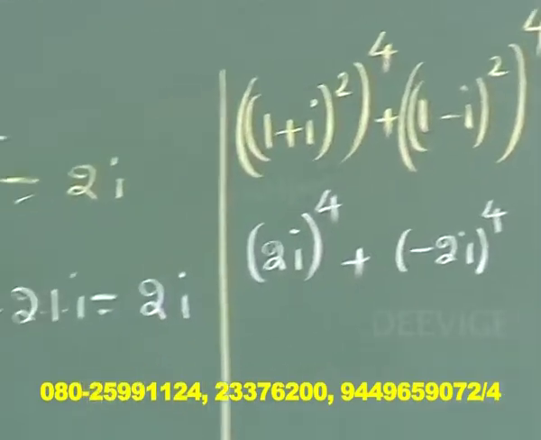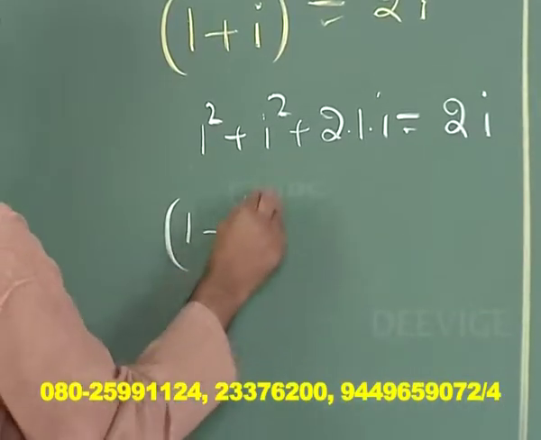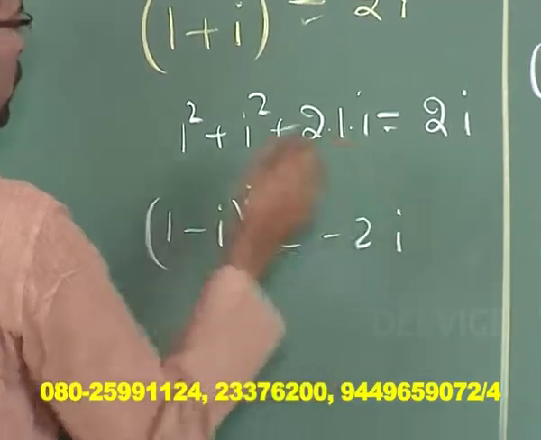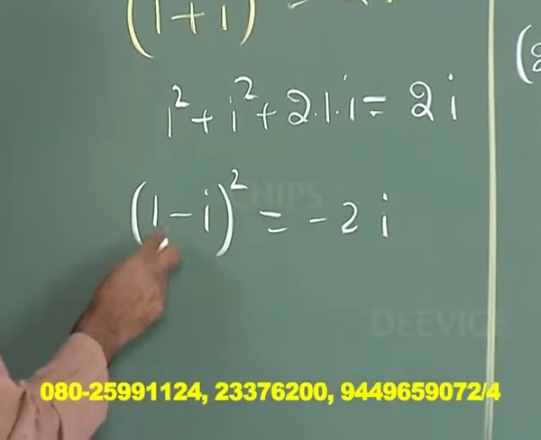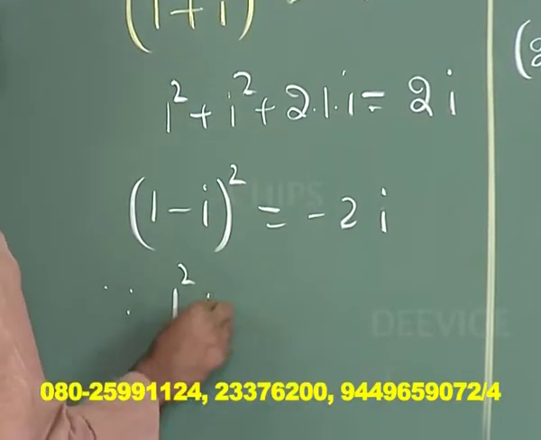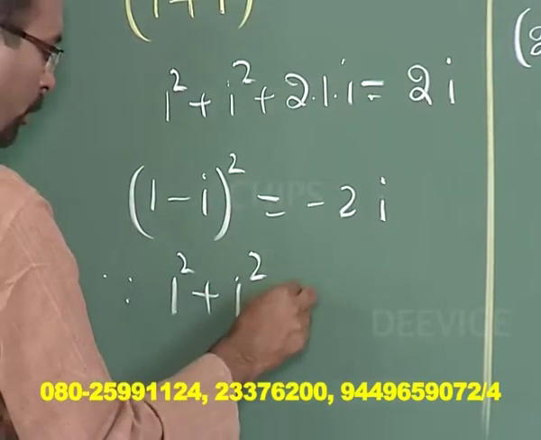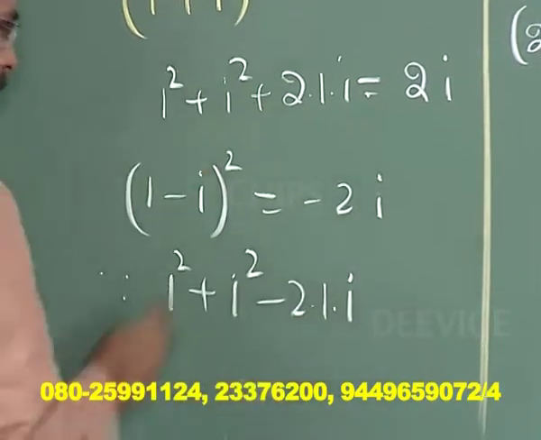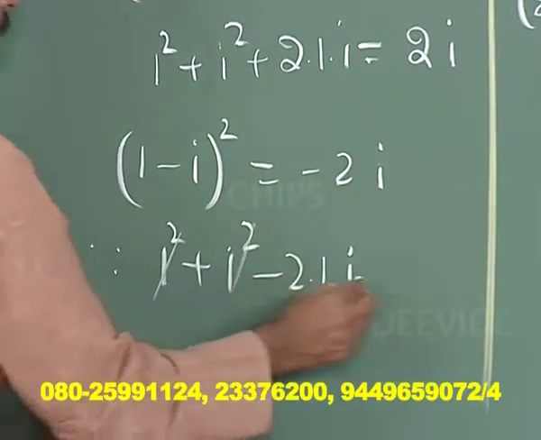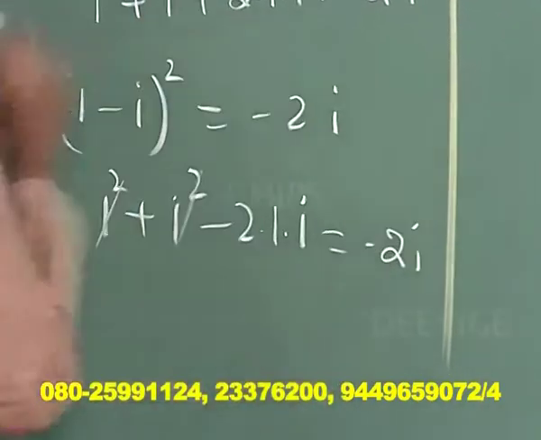If you want to understand why (1 - i)^2 is equal to -2i, the proof is very simple. (1 - i)^2 is 1^2 + i^2 - 2 × 1 × i. So these two cancel, leaving you -2i.